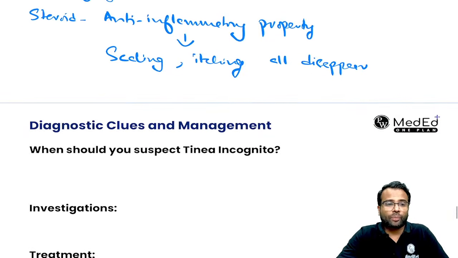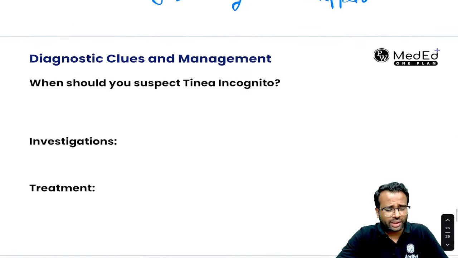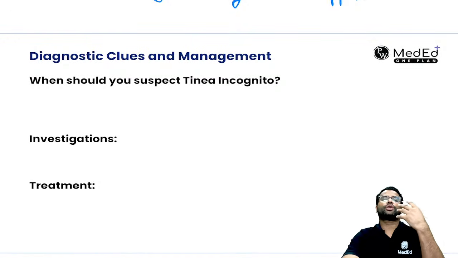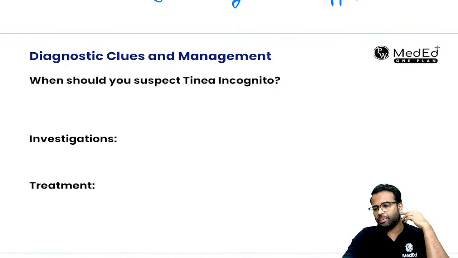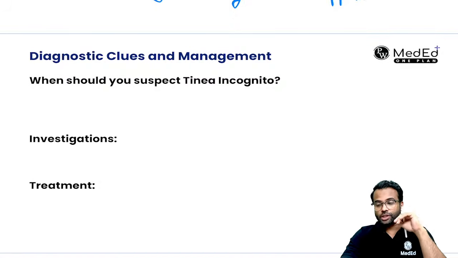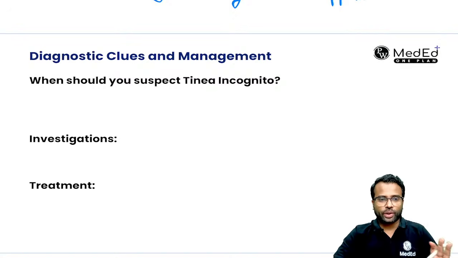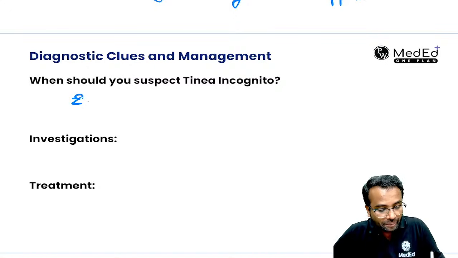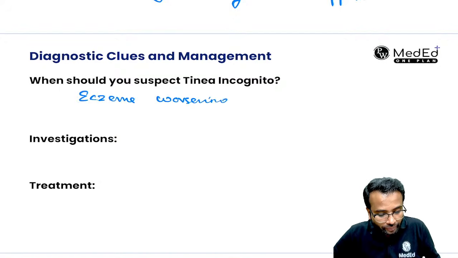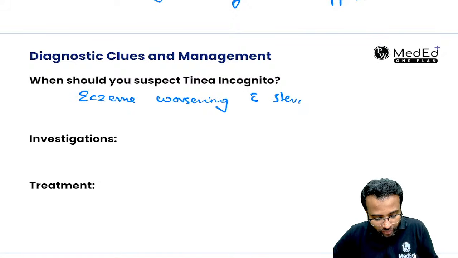Clear? So here, what are the diagnostic clues? When should you suspect a tinea incognito in any patient? It is going to be steroid modified tinea. You can always suspect it when the patient says that I was diagnosed with eczema, and this is worsening with steroids.